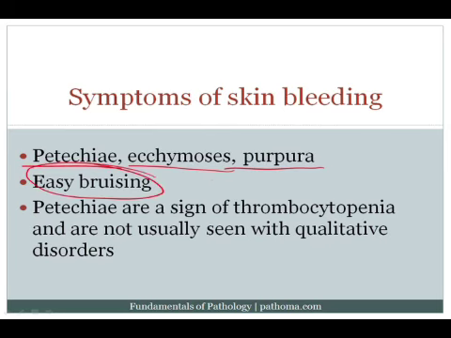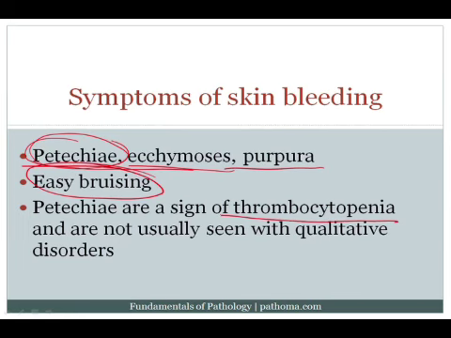Now, another symptom of skin bleeding might be easy bruising. So patients with thrombocytopenia, or why don't I say, with disorders of primary hemostasis, would also exhibit easy bruising. Now, one of the important things to note is that when we talk about petechiae, ecchymoses, and purpura, when we get this type of bleeding, it really is a sign of thrombocytopenia.